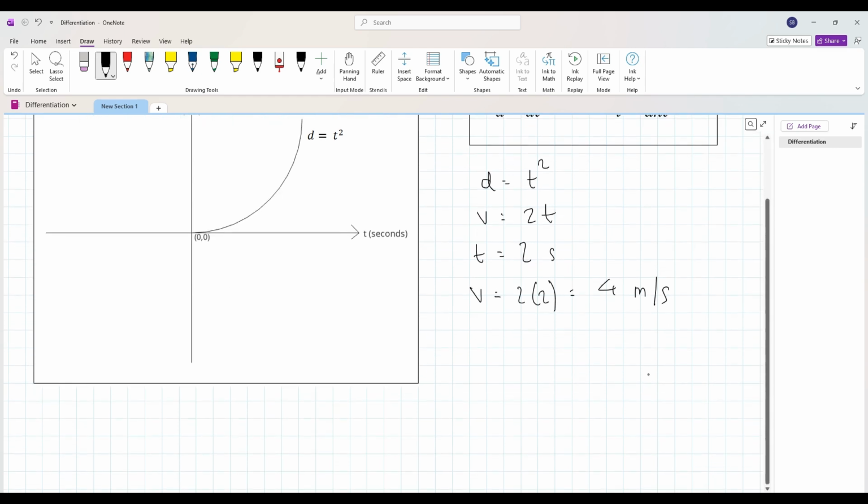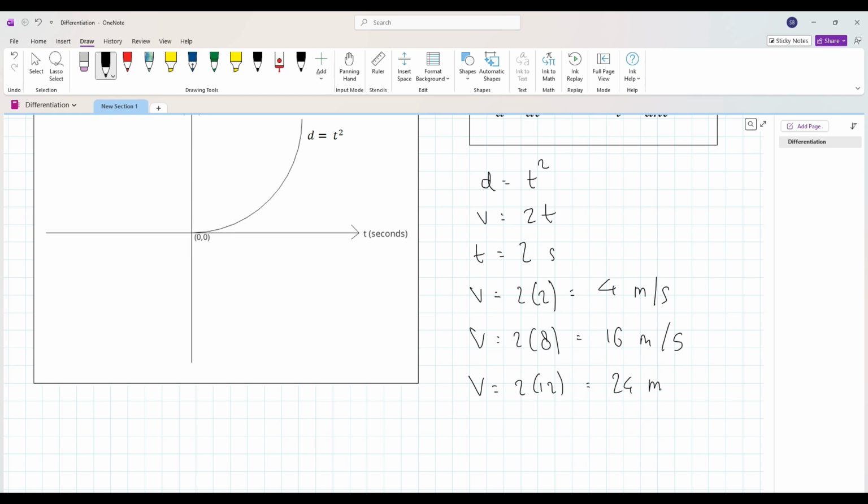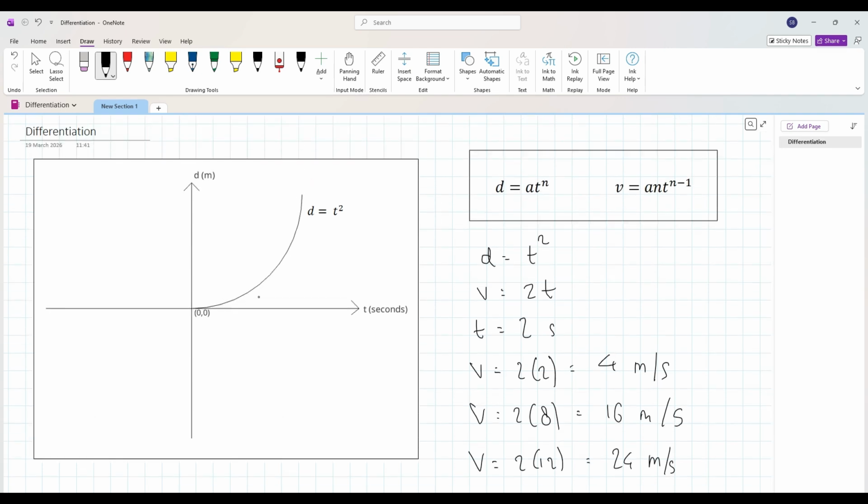If t was 8 seconds, the velocity at 8 seconds would be v equals 2 times 8 equals 16 meters per second. If t were 12 seconds, v would equal 2 times 12 equals 24 meters per second. So as you see, as we go along the t-axis, the velocity becomes greater and greater.